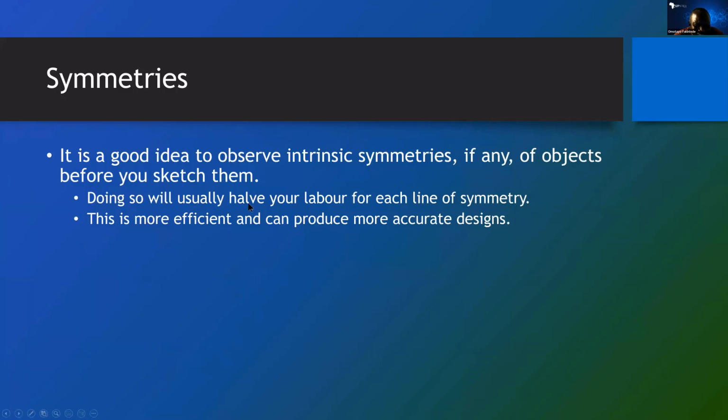For each line of symmetry, you reduce the work: if you have one line of symmetry, you have half of the work; if you have two lines of symmetry, you have a quarter. So check for symmetries so that you do not do unnecessary work. You will do less work, which is more efficient, and you produce more accurate drawings and designs if you take care of the symmetries.